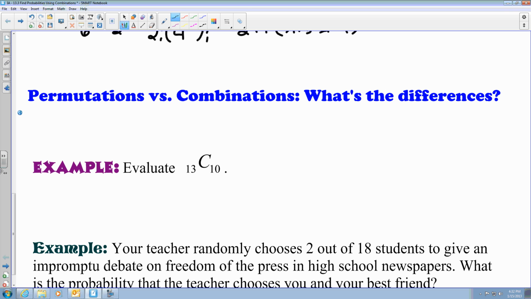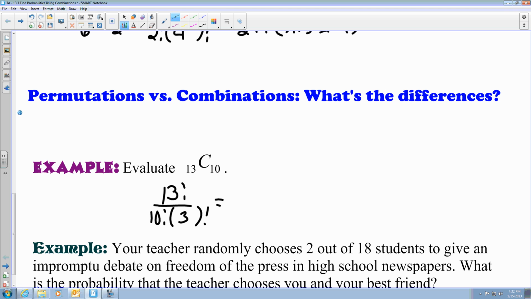So if I'm going to evaluate, say, the combination of 13 objects taken 10 at a time, using the formula we had up there, that means it's going to be 13 factorial divided by 10 factorial, and then 13 minus 10, which gives me 3 factorial.